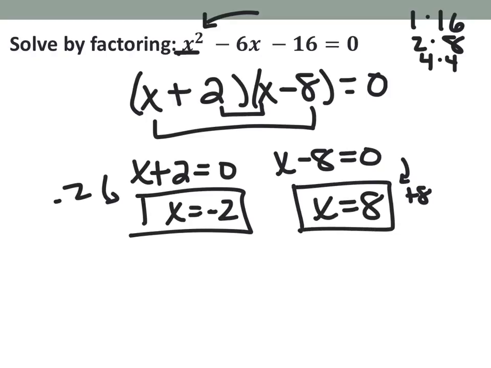Now before we're done, let's go ahead and verify they are correct by substituting in. Negative 2 squared is 4, negative 6 times negative 2 is positive 12, so 12 and 4 is 16, 16 minus 16 is 0, so that works. You can do the same check with the 8.